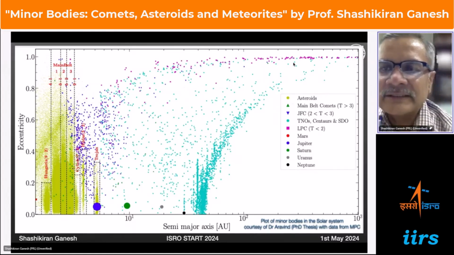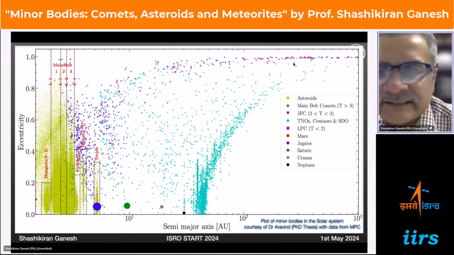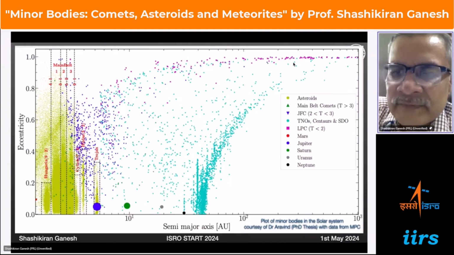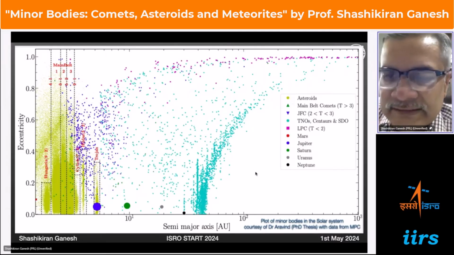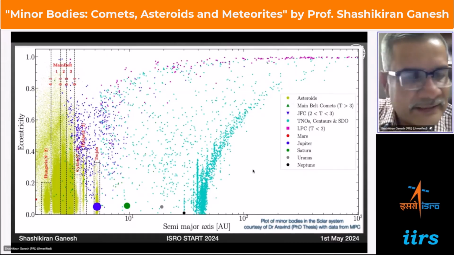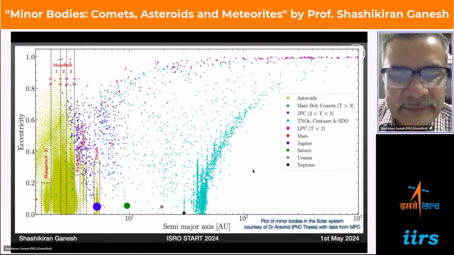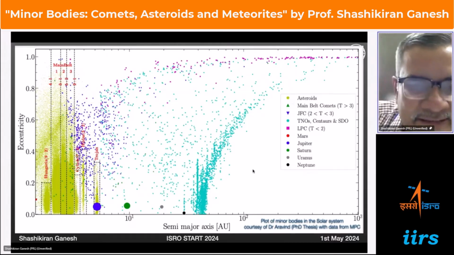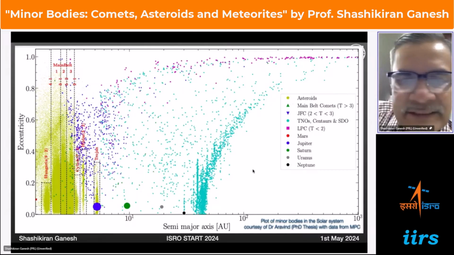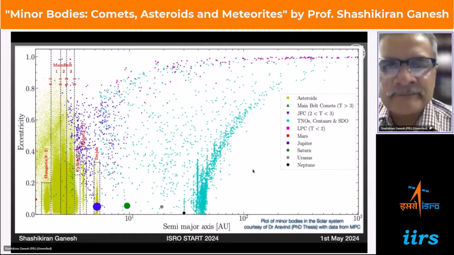And typically, long period comets have very high eccentricities, nearly parabolic orbits for many of them. Yes, that's the way the distribution looks. You can draw similar diagrams with the inclination and other parameters, but I will leave that as an exercise for you all to try and come back with interpretations.